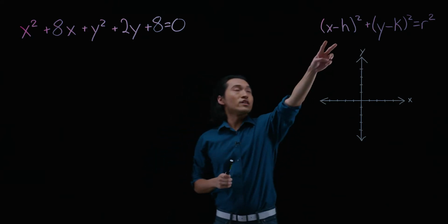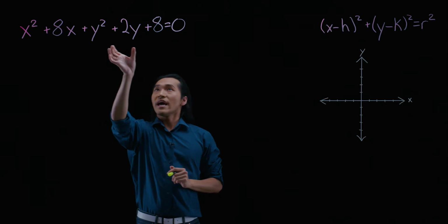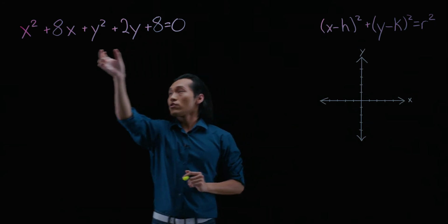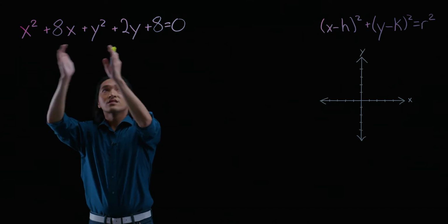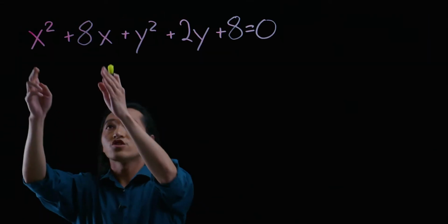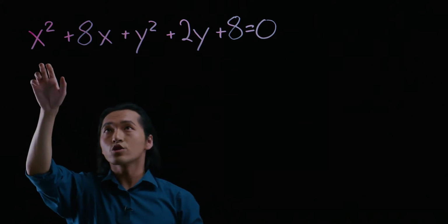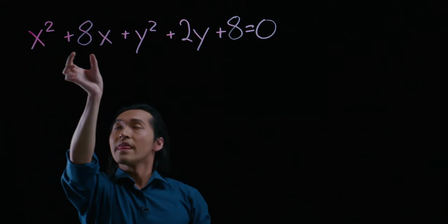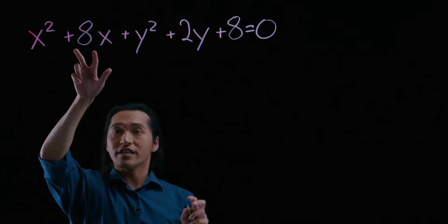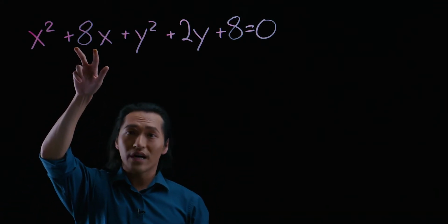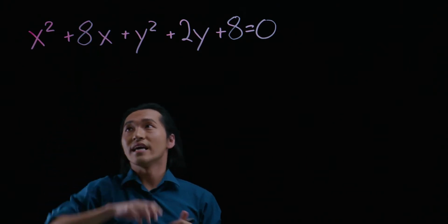In order to do this, we need to move everything that's not the y's or the x's to the other side, and also complete the square for both the x and the y. So let's start by completing the square for the x's. To complete the square, remember what we need to do is to take the middle term, the b term, which here is 8, divide it by 2, and then square that result and add it to the end.